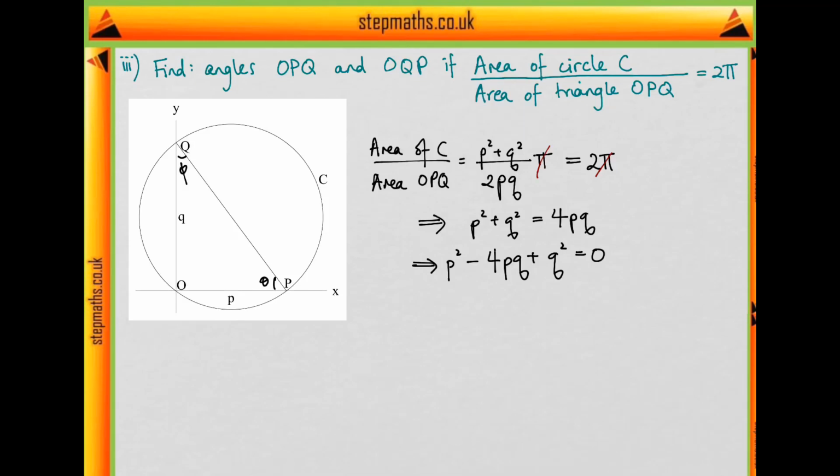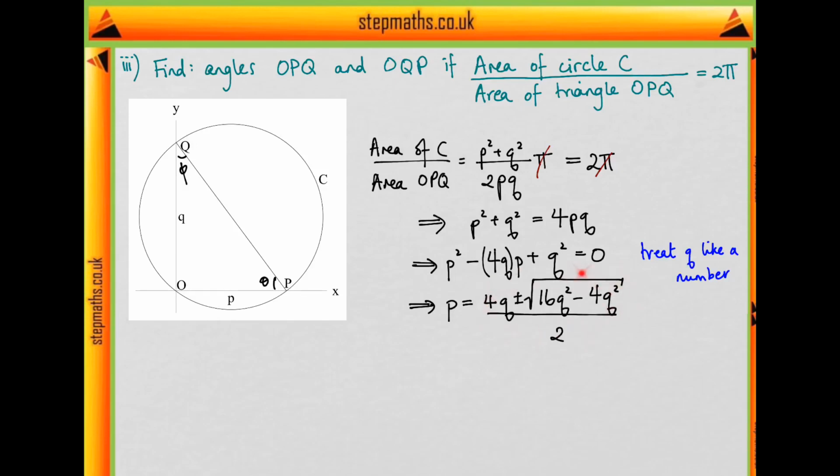But, well, q is just a number, right, which represents the height of this triangle. So we can just treat it like a number and then use the quadratic formula. So maybe if I rewrite this middle term first, then you can see that this is like a quadratic in p. So we've got a p squared term, a p term, and this q squared is just a constant for us. So if I use the quadratic formula, we'll get this.